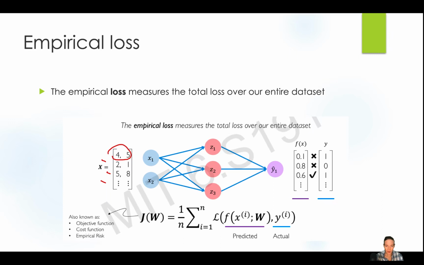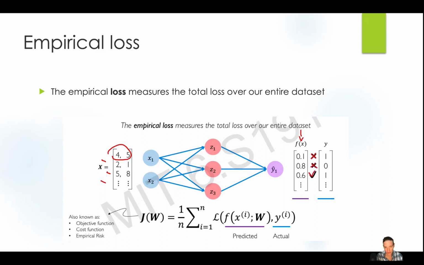Now, if we feed all these inputs through the network, we get a set of outputs, f(x). And for each of these outputs, we see, do they match? Yes or no?